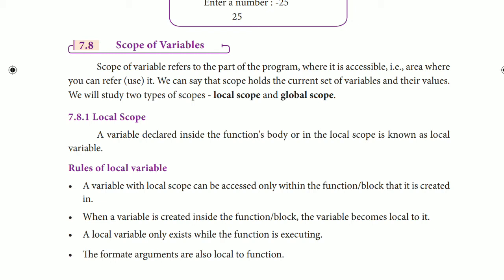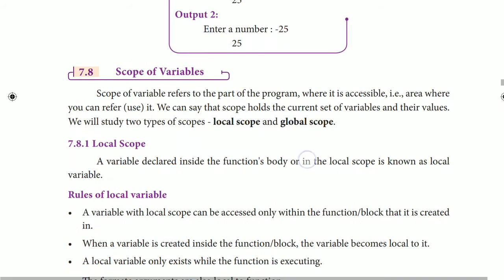So we'll see the different types of scoping and how they work. Scope of variable refers to the part of the program where it is accessible, that is, the area where you can refer to or use it.